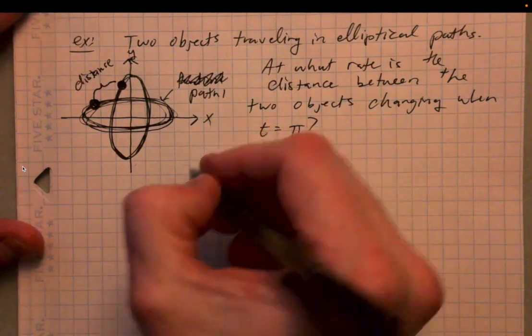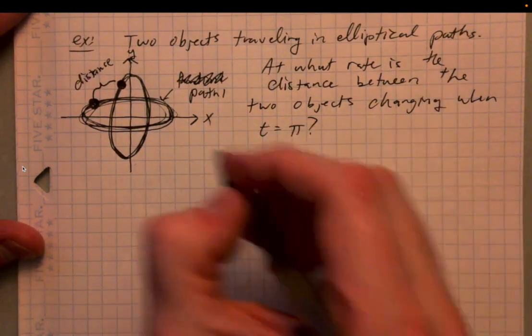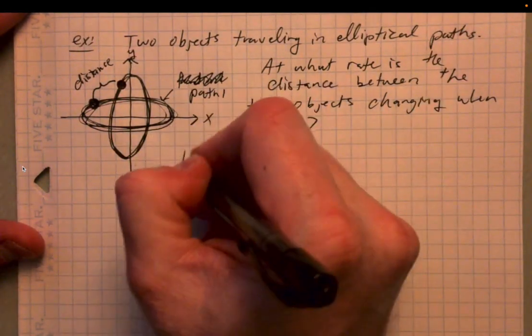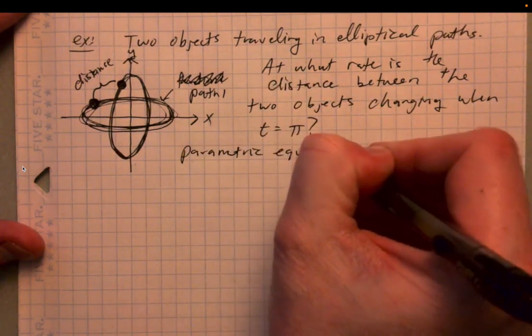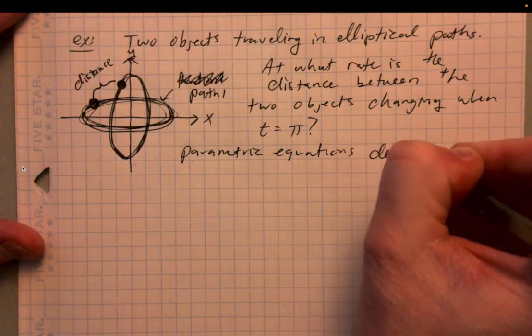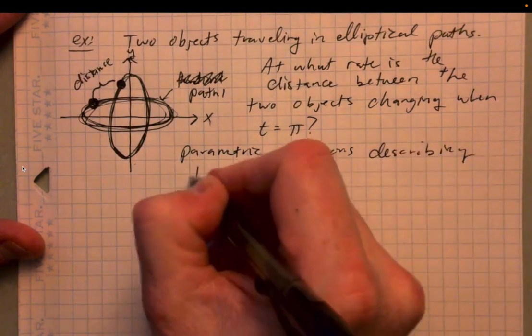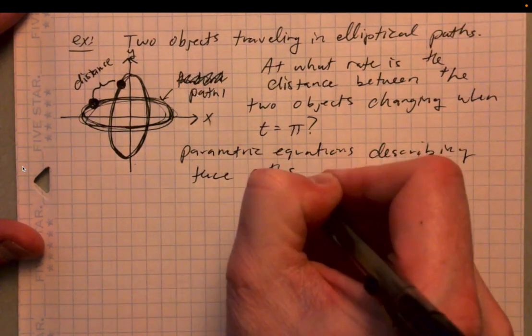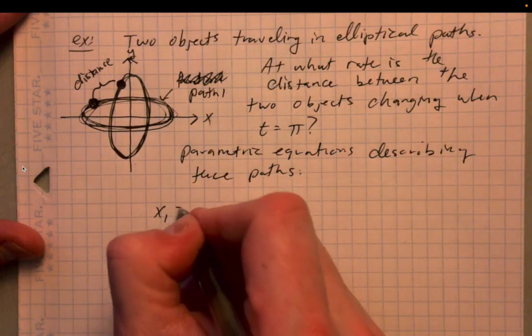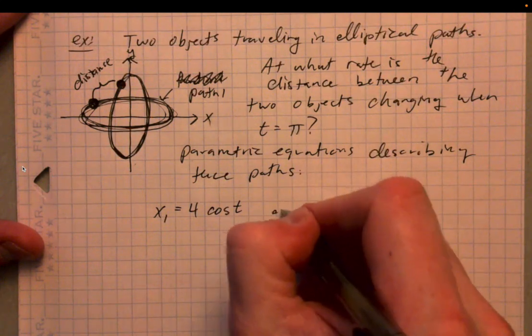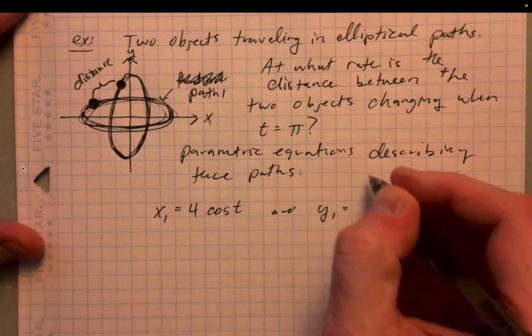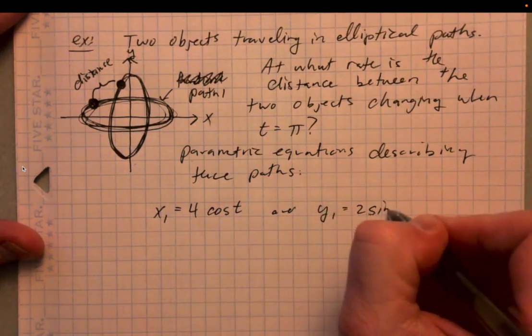Now let's say we have parametric equations describing these paths. We have x1 = 4 cos t, and y1 = 2 sin t, right?